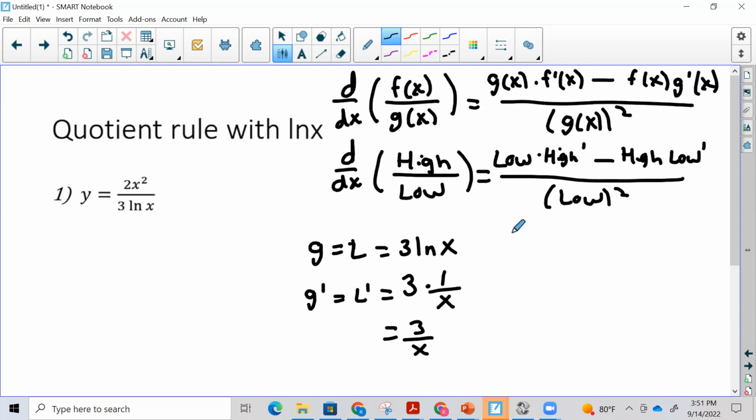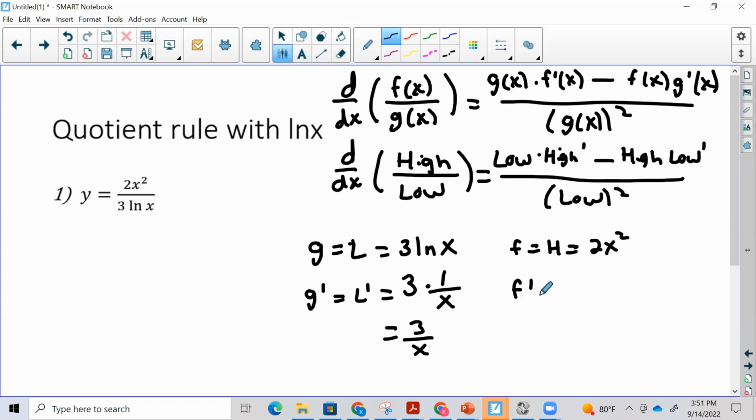And then we have f, which is the top function or the high function, whichever way you think of it. And so that's 2x squared.